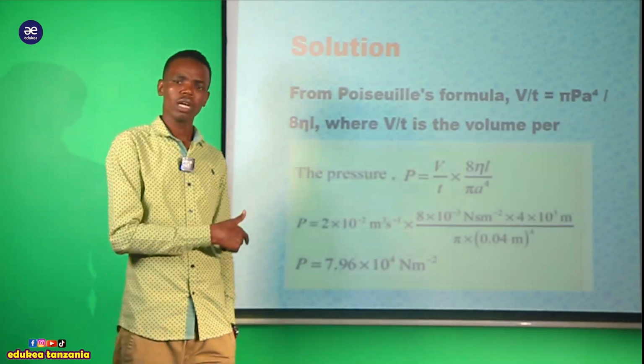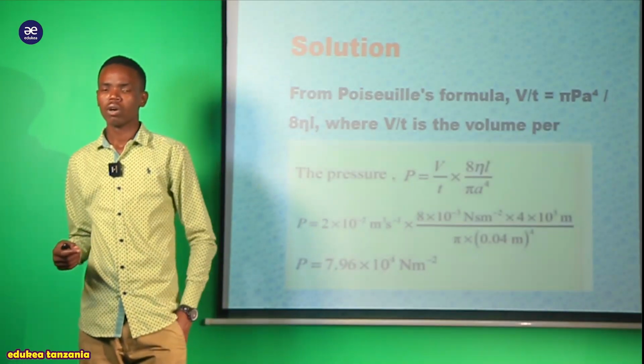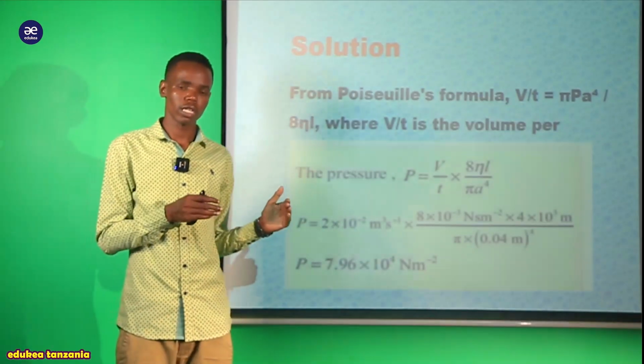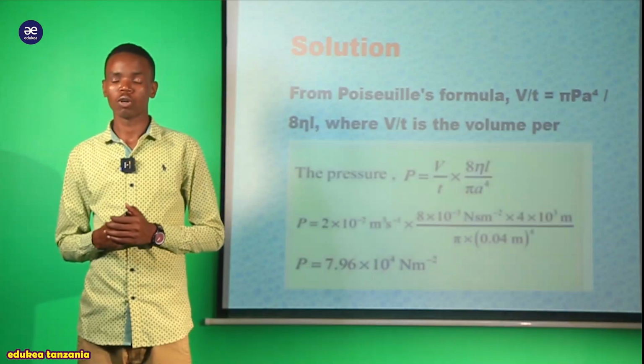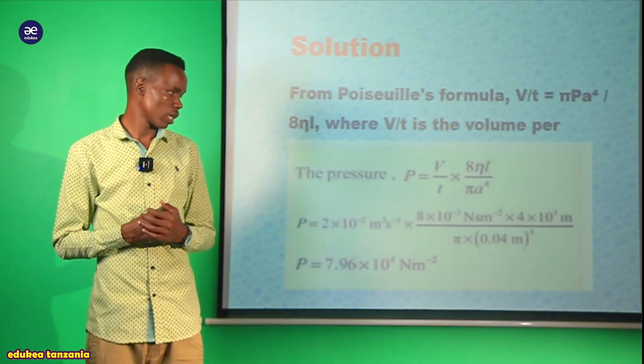square. This is the value of the pressure difference that you could exert on the horizontal pipe having the diameter of 0.08 meter and also the distance of 4, as we tried to see.